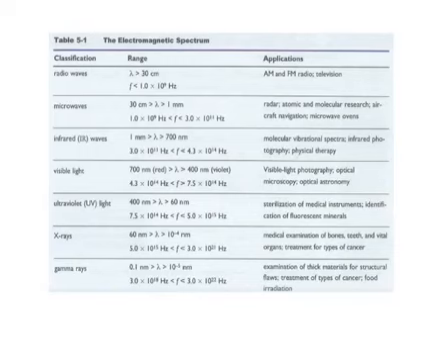Ultraviolet, UV light: sterilization of medical instruments, identification of fluorescent minerals. X-rays: medical examination of bones, teeth and vital organs, treatment of types of cancer. Gamma rays: examination of thick materials for structural flaws, treatment of types of cancer, food irradiation.